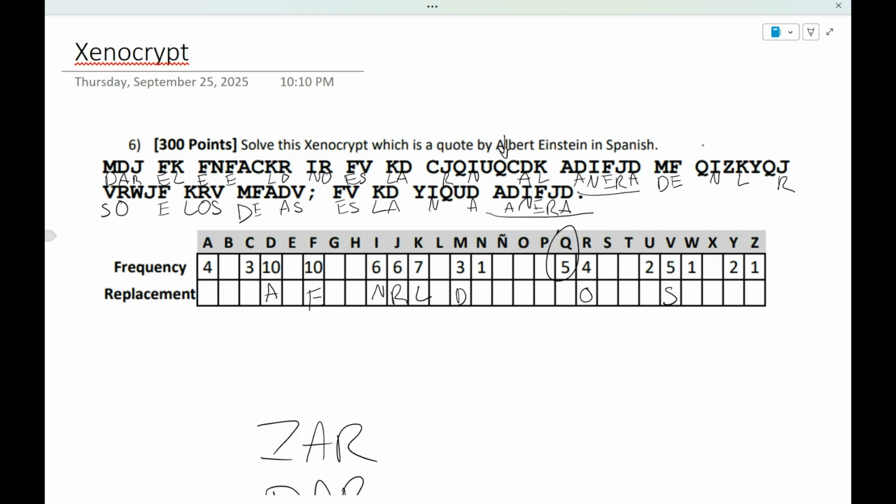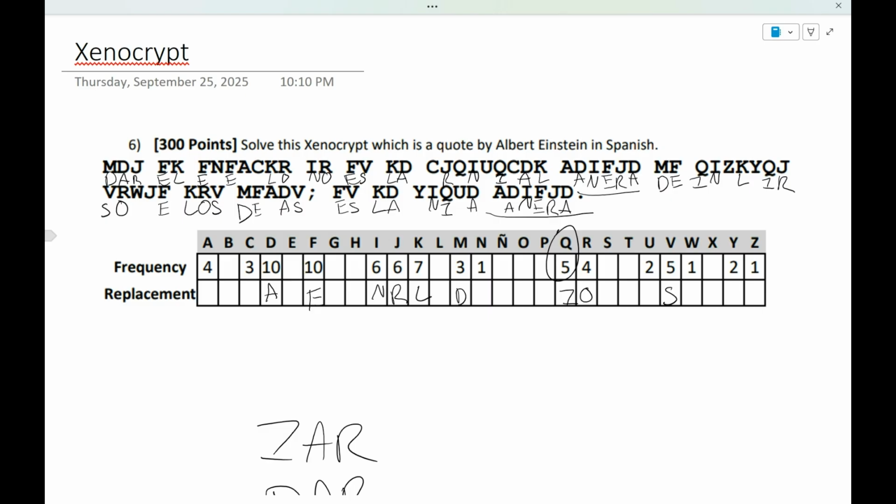I see a Q right there, and then a Q right here. So honestly, if I put an I there, I don't think it would make terrible sense. So let's try putting an I over there. So you get an I there, an I here, an I here, and an I here, and then we have Q is mapping out to be an I. Okay, so that's kind of making a little bit of sense.